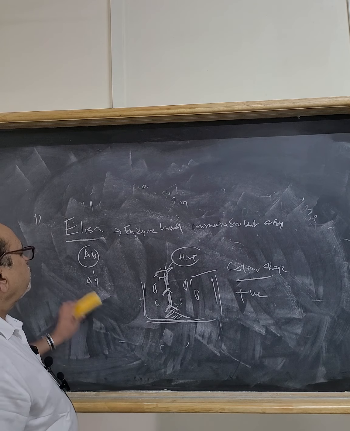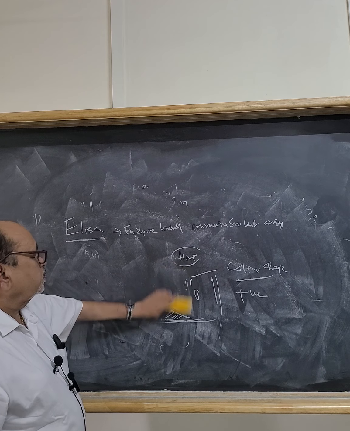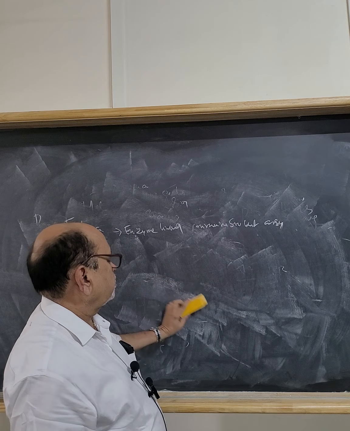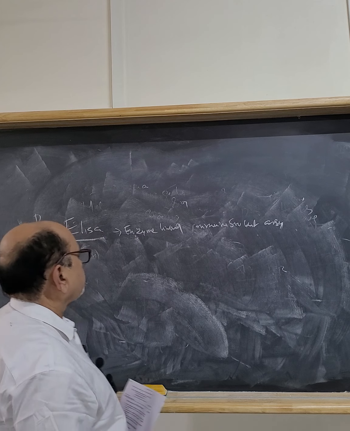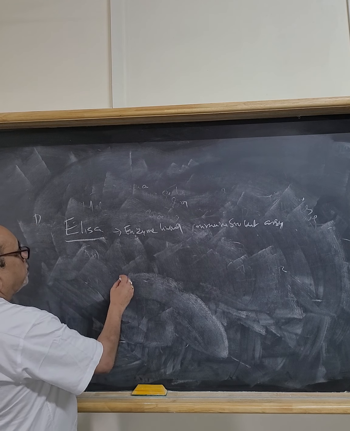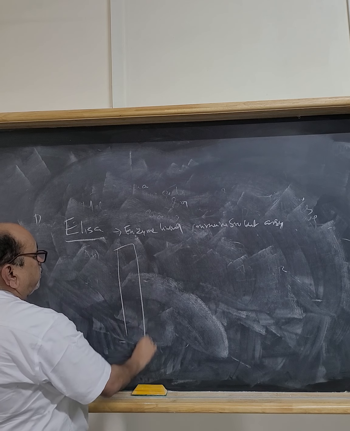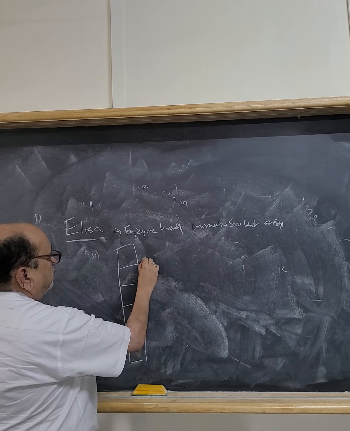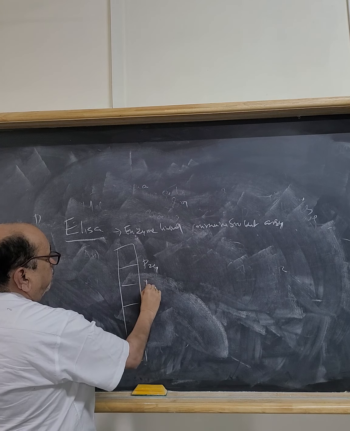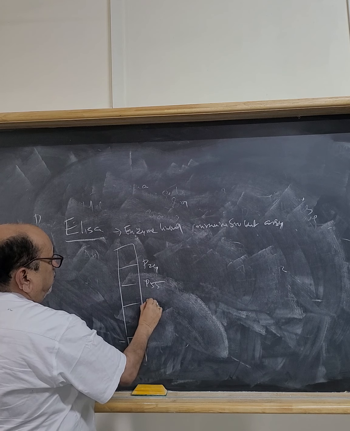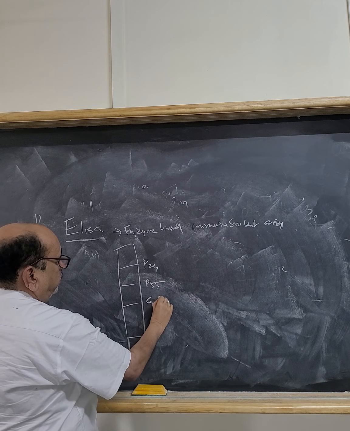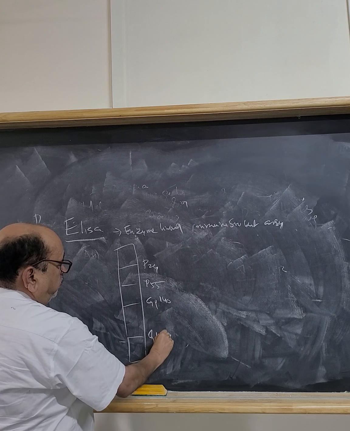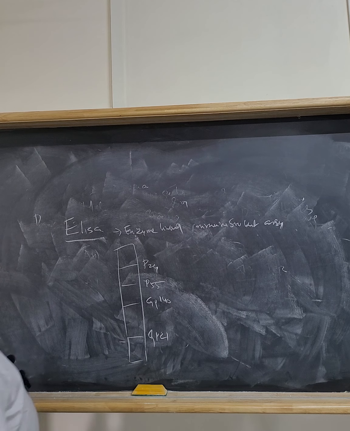The next is the Western blot technique. It is a nitrocellulose paper on which all the antigens are placed: P24, P55, then glycoprotein 140, glycoprotein 21.